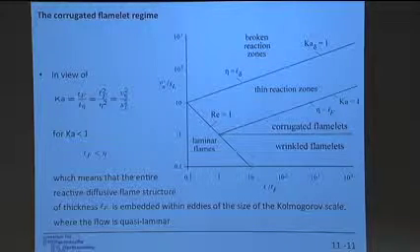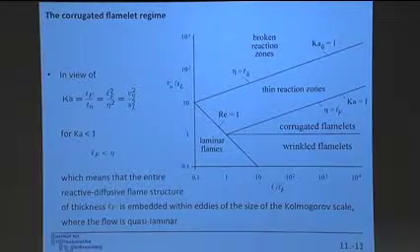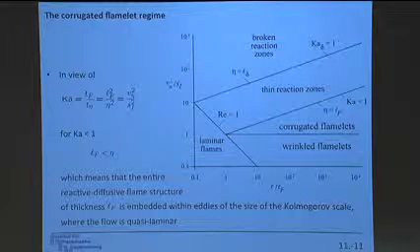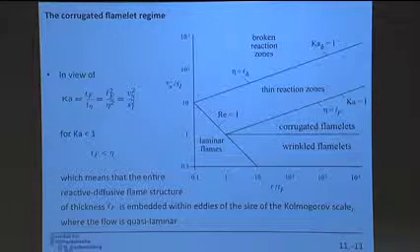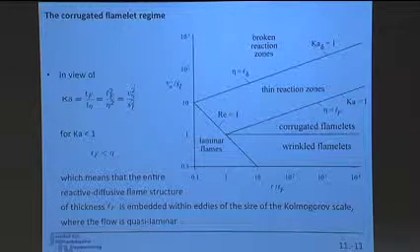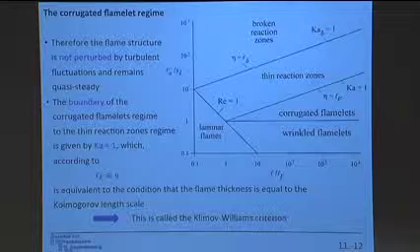So the corrugated flamelet regime, maybe I mentioned these things here. Karlovitz smaller than 1, which means the flame thickness is smaller than the Kolmogorov scale. In that regime, the flame is quasi-laminar on the scales of the flame, and the flame is entirely embedded into the turbulence.